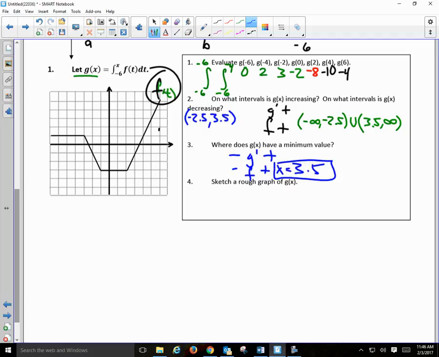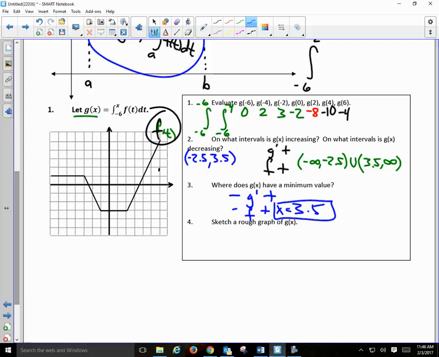Sketch a rough graph of the area function or the antiderivative. Well, we just simply plot these points. At negative 6, I plot 0. At negative 4, plot 2. Negative 2, plot 3. 0, I plot negative 2.